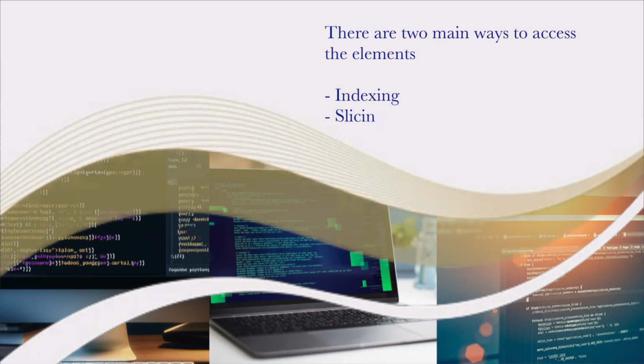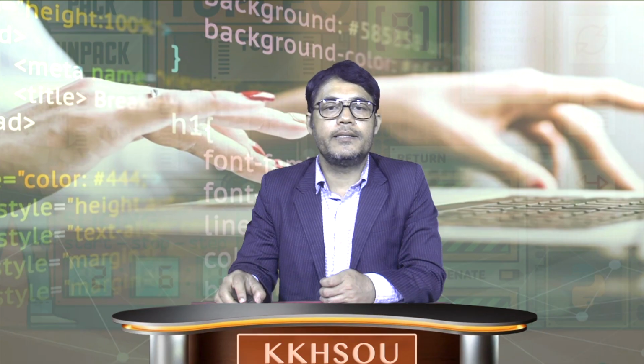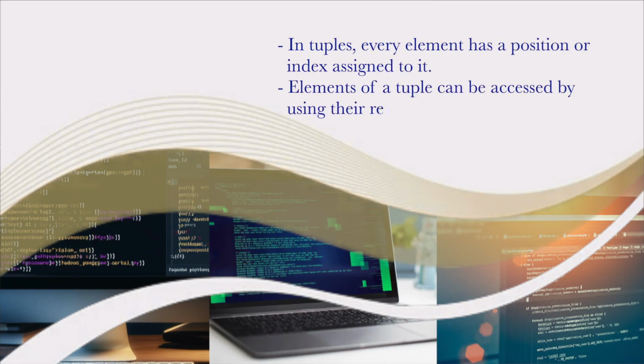Once a tuple is created, we can access the elements or items of the tuple like a list. There are two main ways to access the elements, and they are indexing and slicing. Let us discuss the indexing method first. In tuples, every element is assigned a position or an index associated to it.